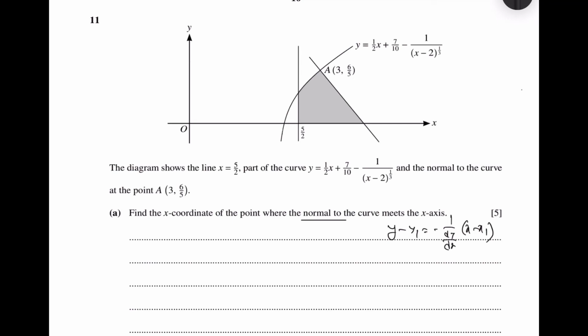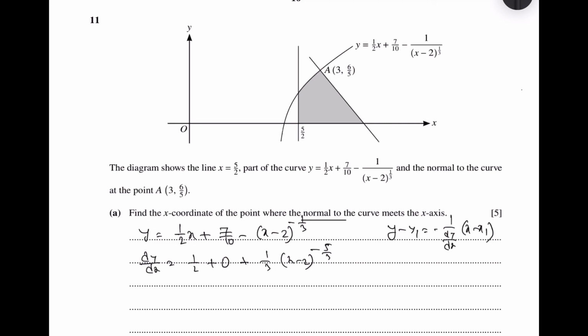Here y equals half x plus 7 by 10 minus (x minus 2) to the power minus 1 by 3. If we differentiate this, dy/dx equals half plus 1 by 3 times (x minus 2) to the power minus 5 by 3.